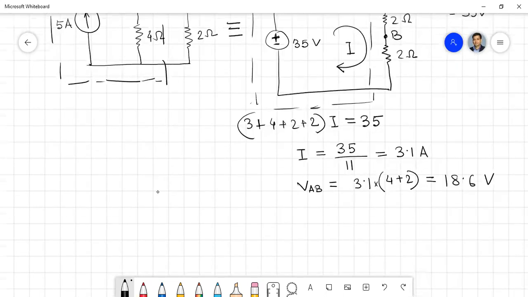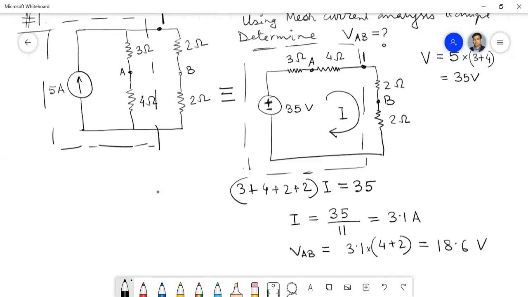It's a very simple sum, but I have discussed this only to clear the concept, because here after conversion we are getting only one loop. Not necessarily in your circuit will you have only one loop after conversion. After conversion you can get more than one loop, so then you will get more than one loop equation, though here we are getting only one loop equation.